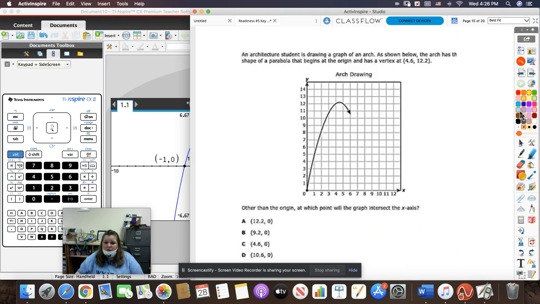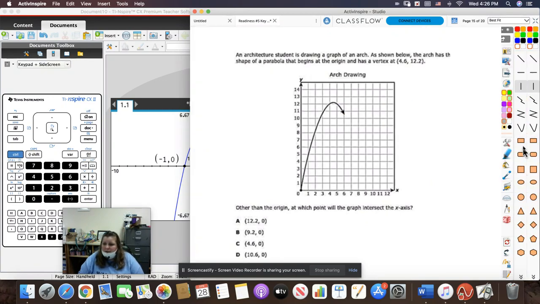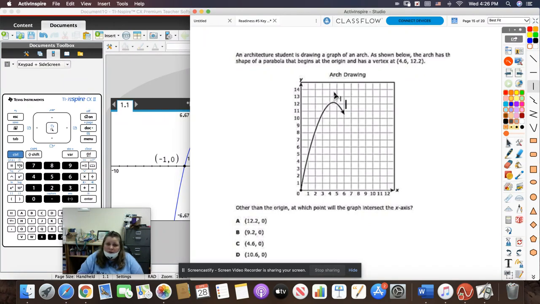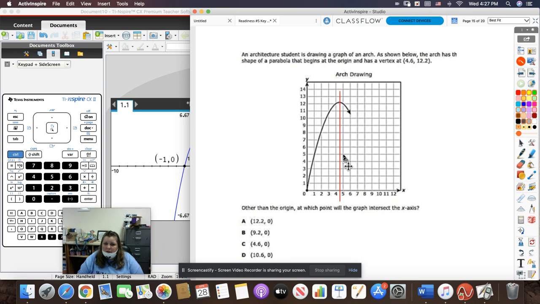All right, here's one for you to try. Okay, so again, first of all, we need that line of symmetry. We need to have an idea where the line of symmetry is. It looks like it goes right here in the middle, because that's the very top point.